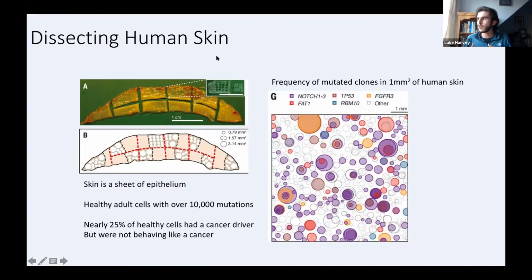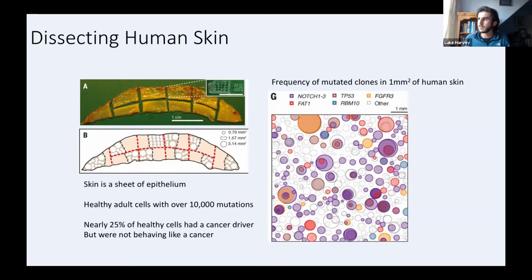And it was a very complex picture. And then later, they started sequencing normal tissues like skin, and they found that cancer genes were mutated very frequently in cells that were remaining completely healthy, weren't going crazy, weren't expanding, weren't causing any disease. And so the answer is it can be completely fine to have cancer driver genes and cells can remain healthy.